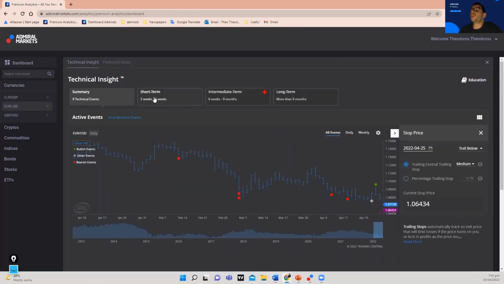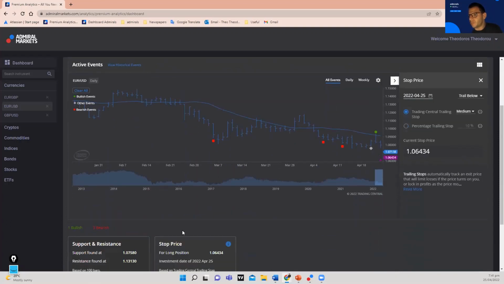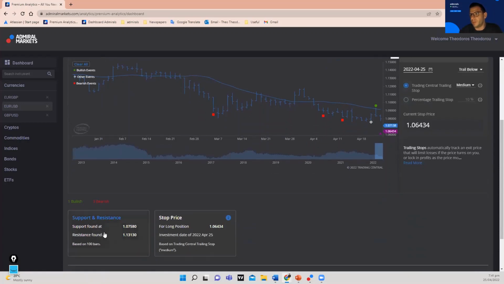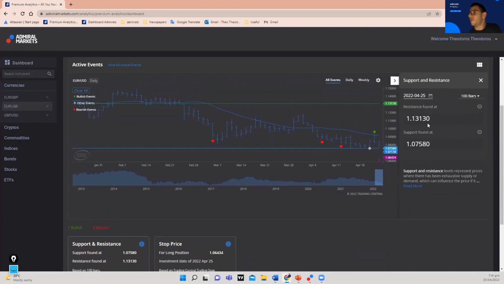Now, if you are a short-term trader, which very few traders are like this, you hold trades anywhere between 2 weeks and 6 weeks, you can flip here and you have pretty much the same information, with a different, I think higher, resistance level.